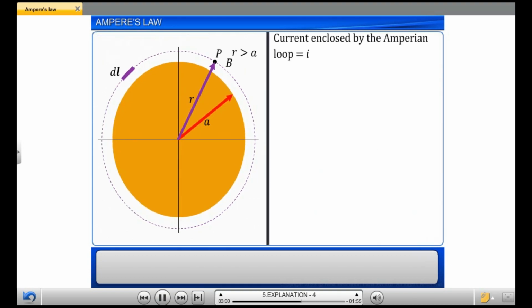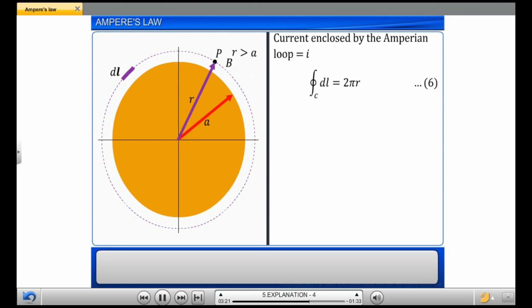The current enclosed by the Amperian loop is I, and the total length of the Amperian loop is equal to 2 pi R. That is, integral over the closed curve C dl is equal to 2 pi R. Let this be equation 6.